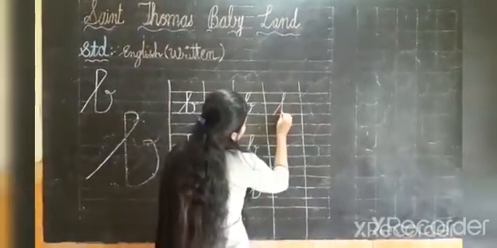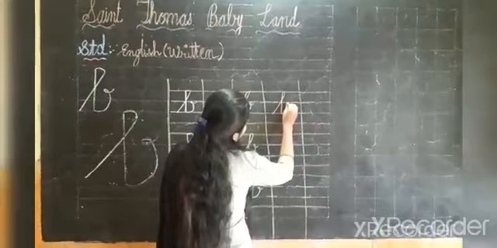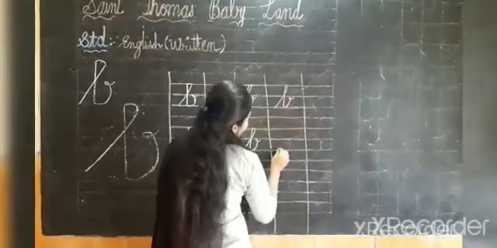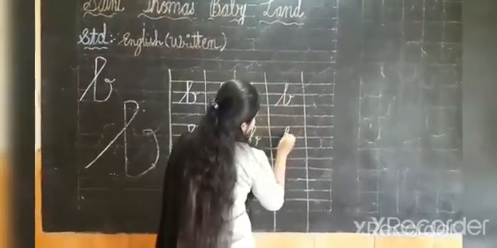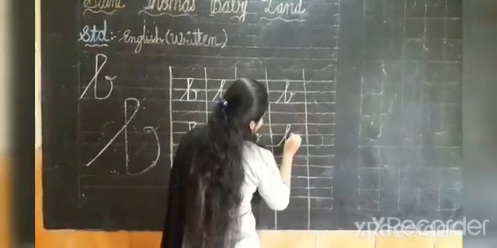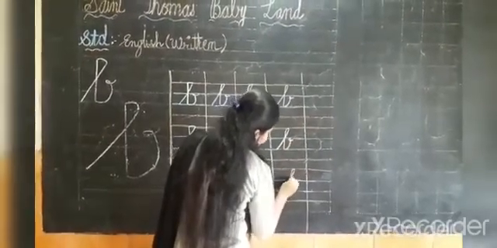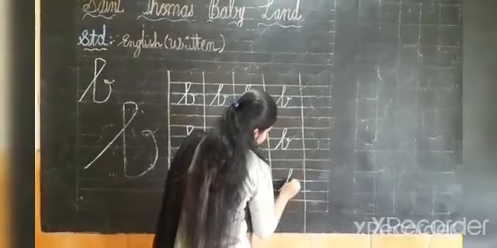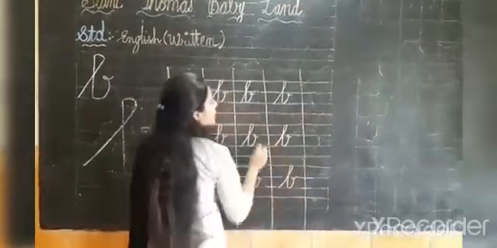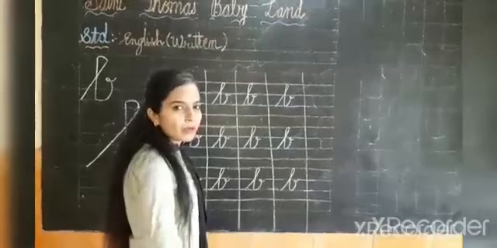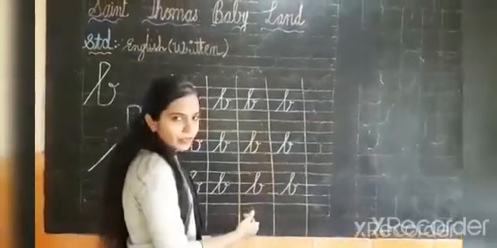You can say B also. When you write B, at that time you can say B. When you write B at that time, you have to speak also B. Okay.